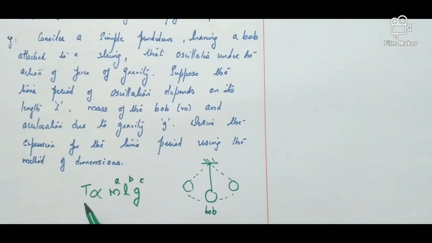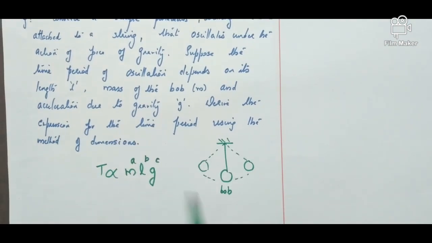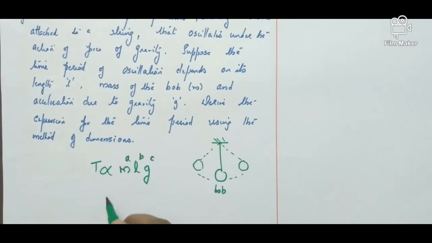Now we can remove the proportionality sign by introducing a constant. So T equals K m raised to A, L raised to B and g raised to C. That's the first equation.